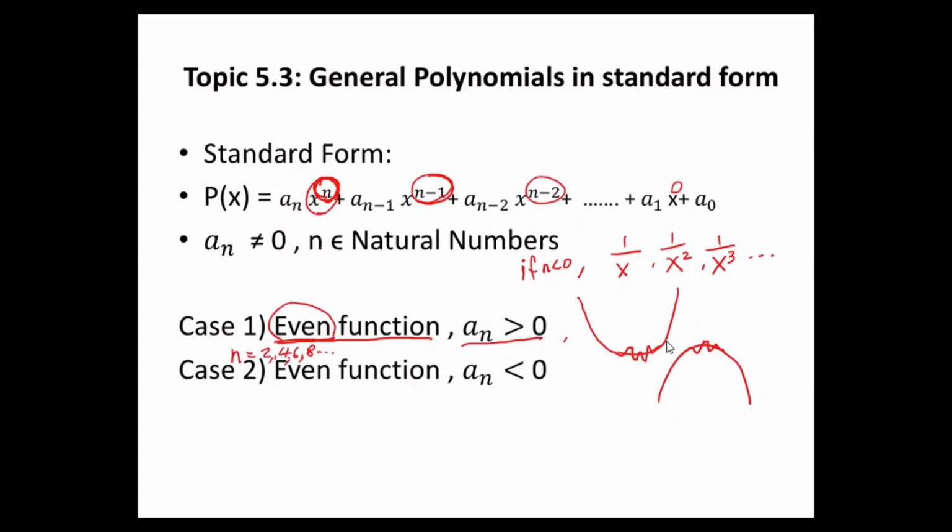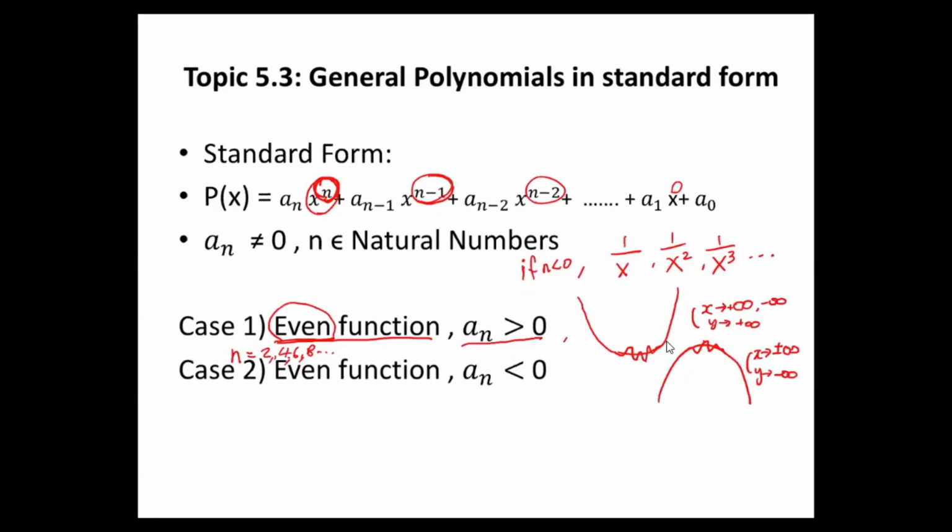So what's gonna happen in even functions is that if x goes to positive infinity and negative infinity, then y goes to positive infinity all together. This is case 1. Case 2 is if x goes to positive and negative infinity, y goes to negative infinity.